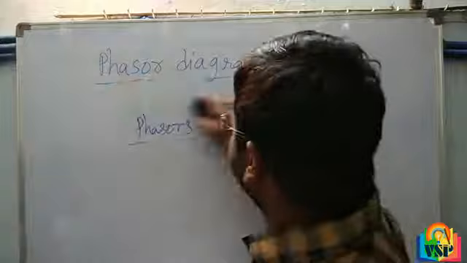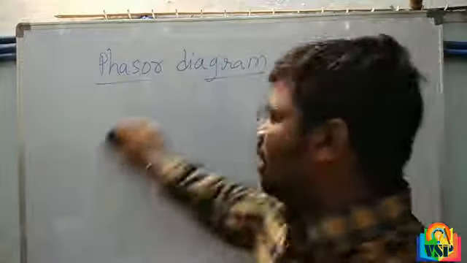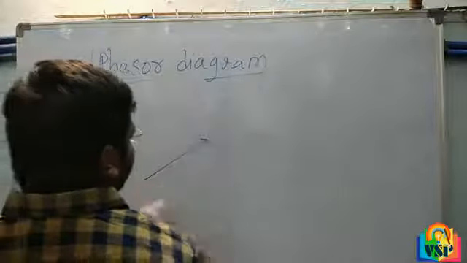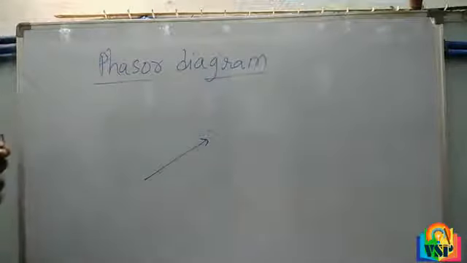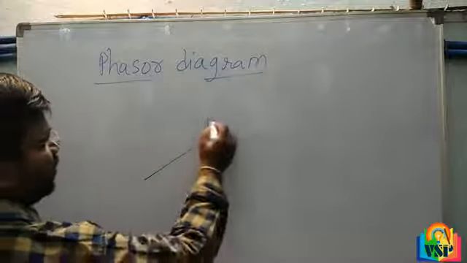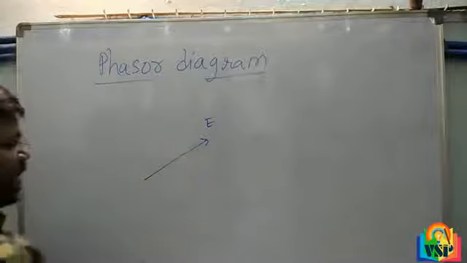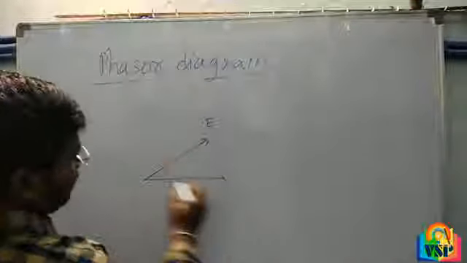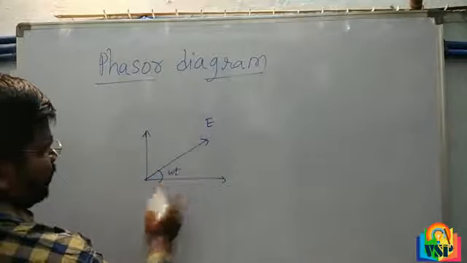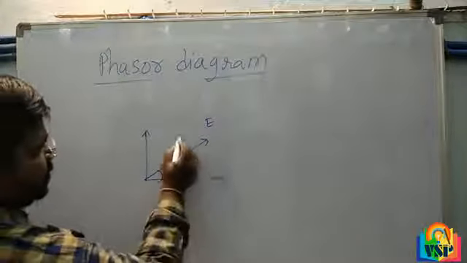So consider one vector, say it is current or EMF. This is a rotating vector. We can make the xy axis because the vector is rotating with angle omega t like this.